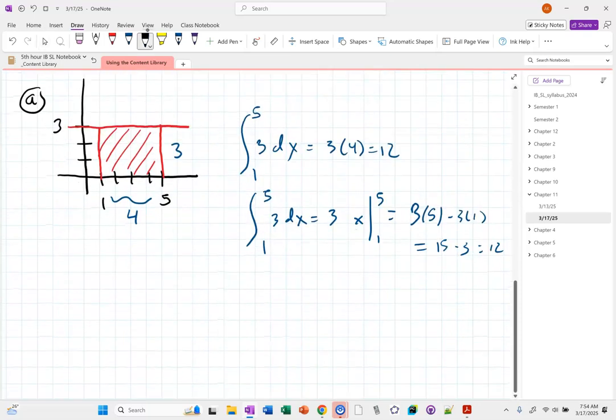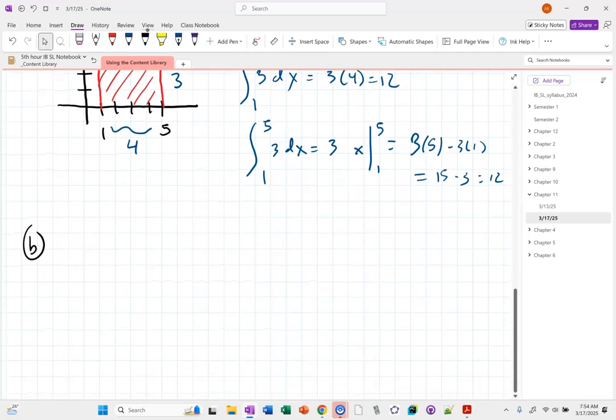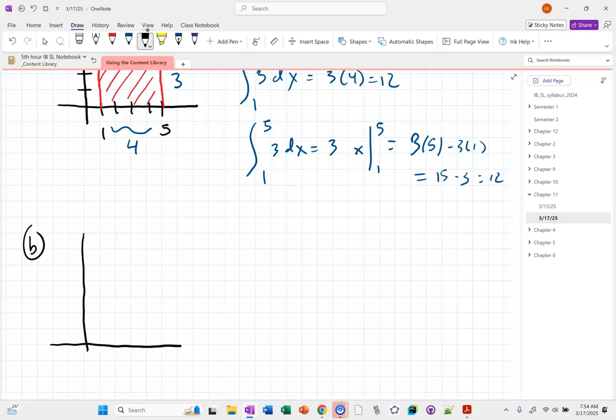Let's do the next one. That was y equals 2x, and we were going from 0 to 3. So if I graph that, we're going 1 over and then 2 up, 1 over and 2 up, 1 over and 2 up.